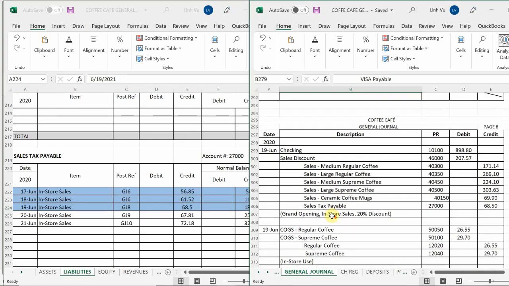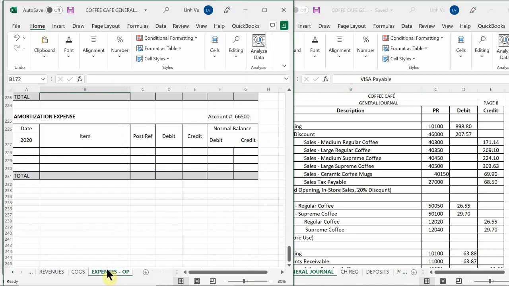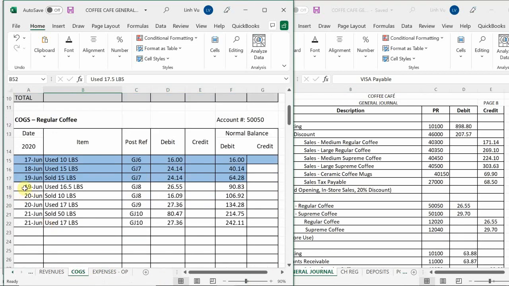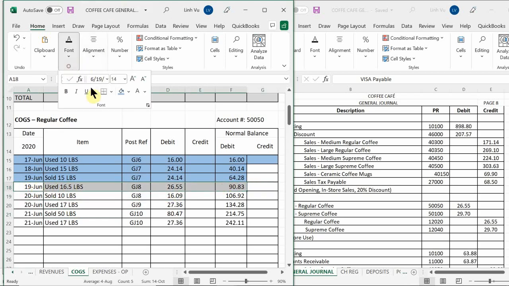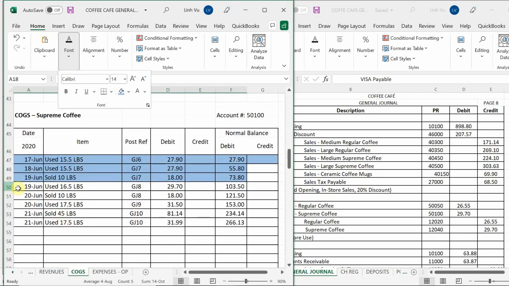All right. Then there should be a cost of goods sold here for 26 and 29 for cost of goods sold. $26 right here. This one's supposed to be for 29.